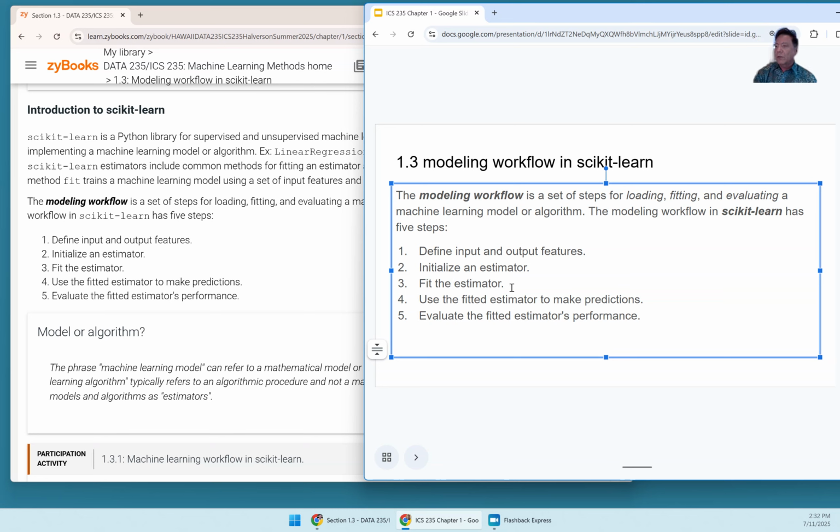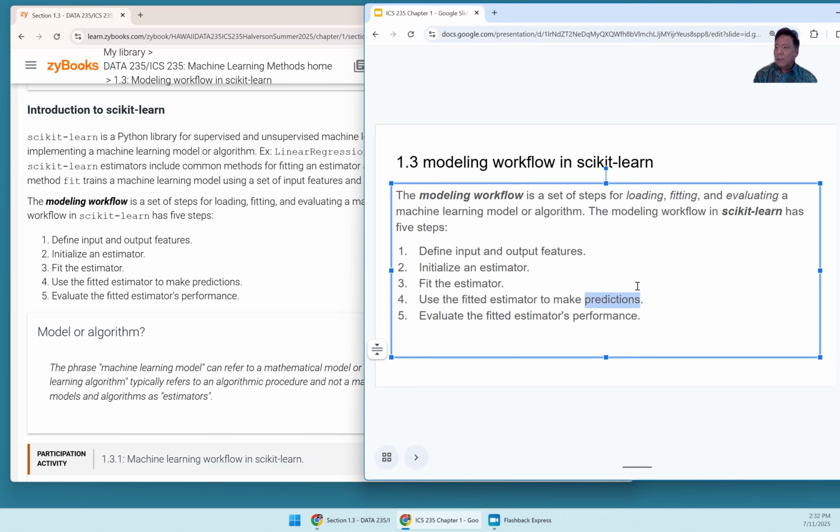So you have this estimator, all trained with this older data, and then you can give it some new inputs and see what it predicts the output should be. And then at the end you want to evaluate the performance, and that'll give you a score on how accurate the prediction is.